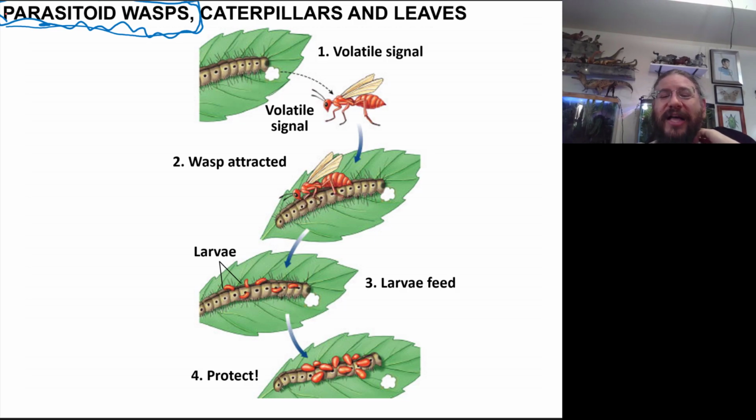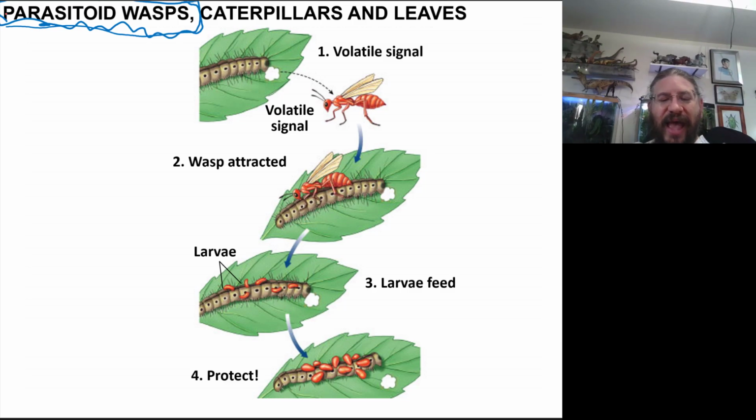See, parasitoid wasps often parasitize caterpillars. That's one of the favored hosts. There are parasitoid wasps for virtually any and every insect, but caterpillars are a big target. They lay their eggs in and on the skin of their host.